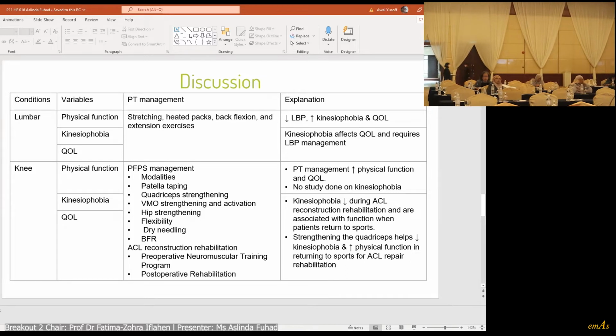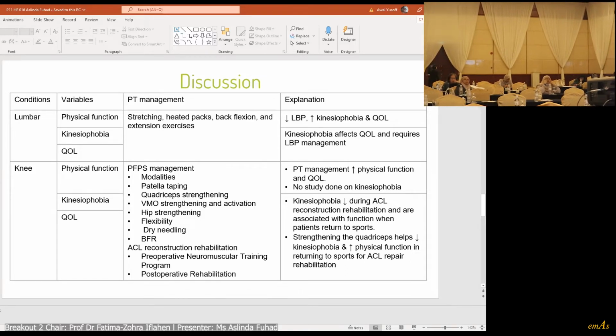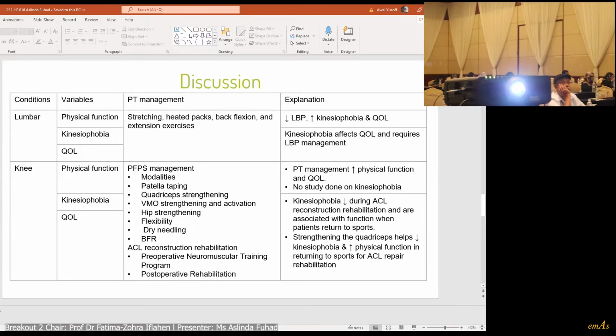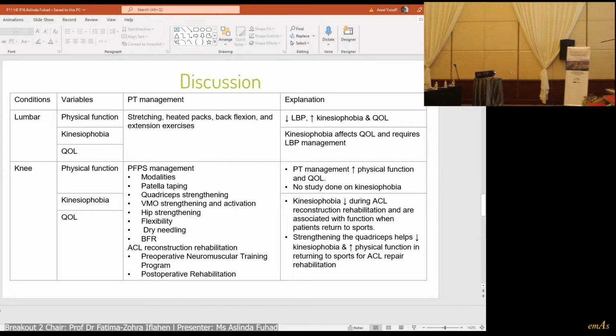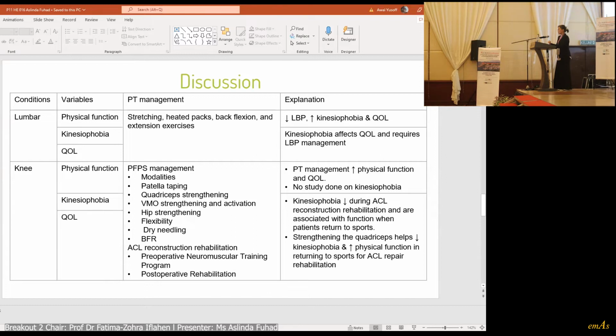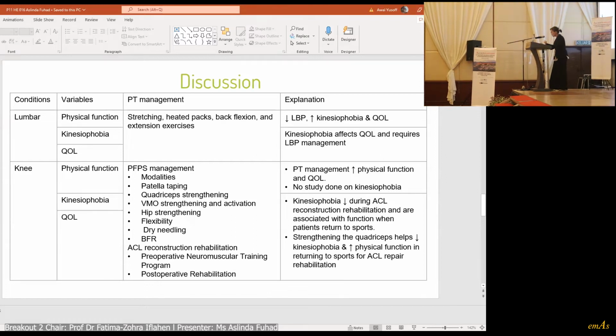But here it shows that stretching, hip flexor and back flexion and extension exercises reduce lower back pain and reduce kinesiophobia. Kinesiophobia affects quality of life and requires lower back pain management from the physio.